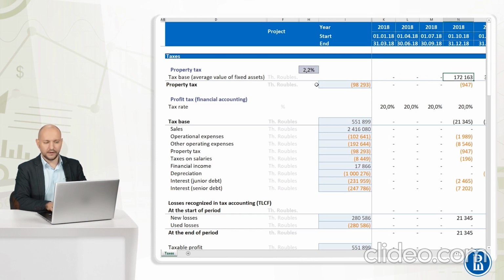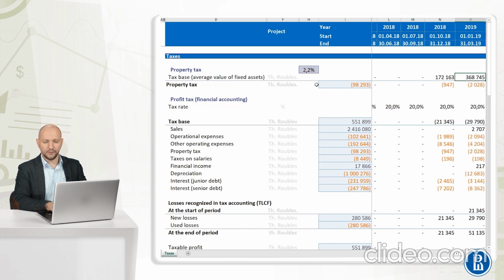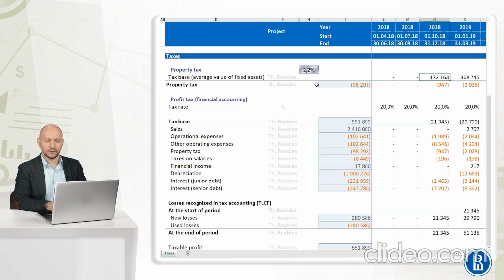So tax base for property tax in Russia is based on average value of fixed assets of the company on the balance sheet. So here, for instance, when we look at the fourth quarter of 2018, we have a look at the average value of fixed assets of the company.